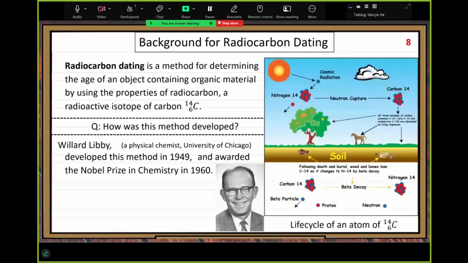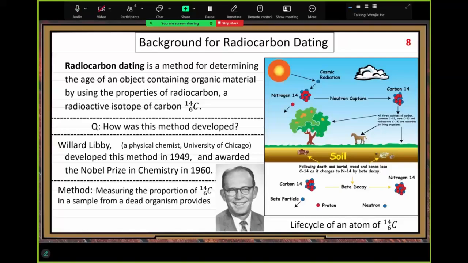This method, measuring the proportion of carbon 14 in a sample from a dead organism, provides information that can be used to calculate when the organism died.